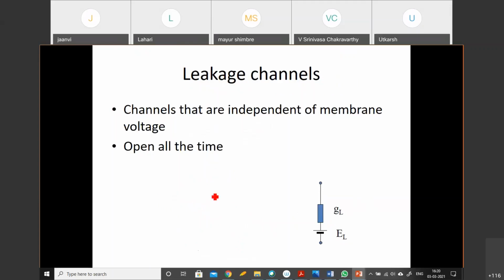Now there could be many other channels in the neuron which are not voltage dependent. What that means is those conductances are all constant. The corresponding Nernst potentials are also constant. There could be many of them like that. So I'll think of them as a bunch of different branches.